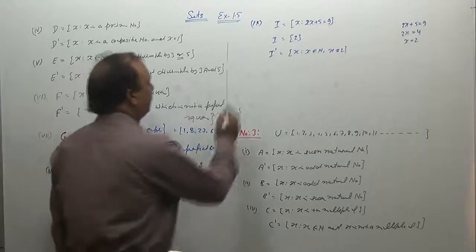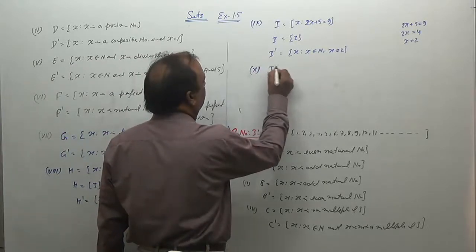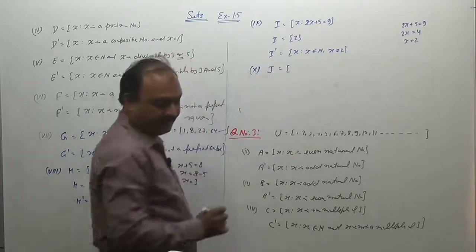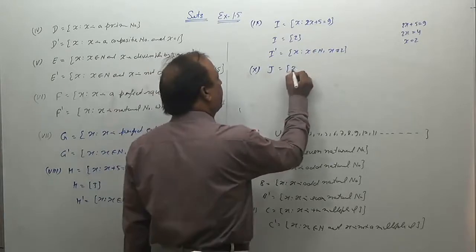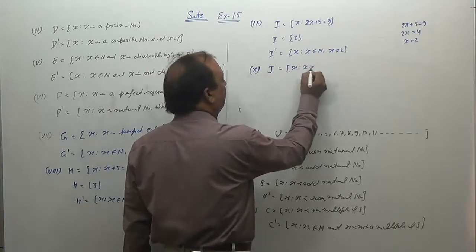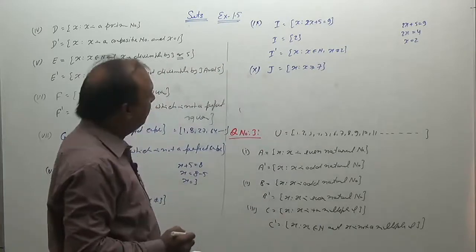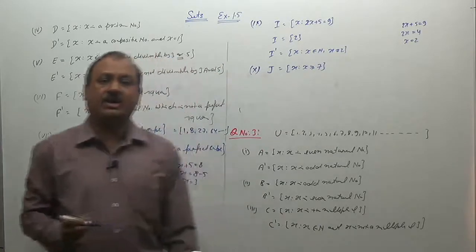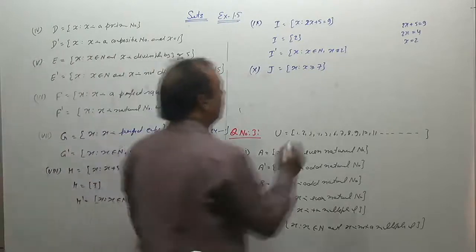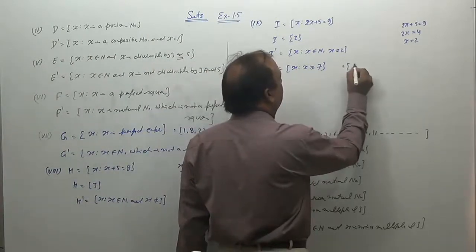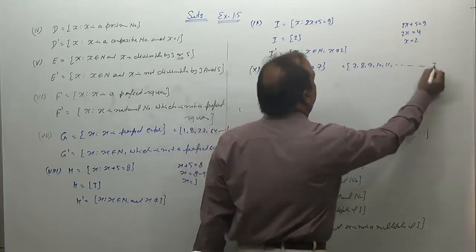Now 10th part is denoted by J, and J is a set of elements x such that x is greater than or equal to 7. That is, the set J contains all natural numbers which are greater than or equal to 7, that is, this set contains the elements 7, 8, 9, 10, 11 and so on.